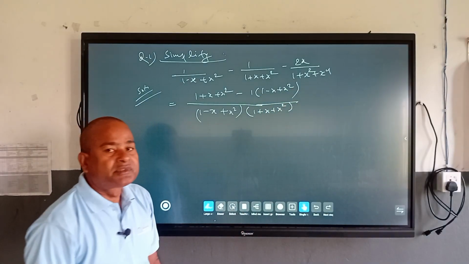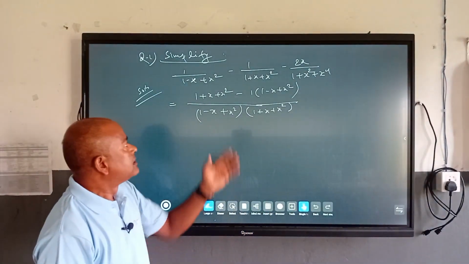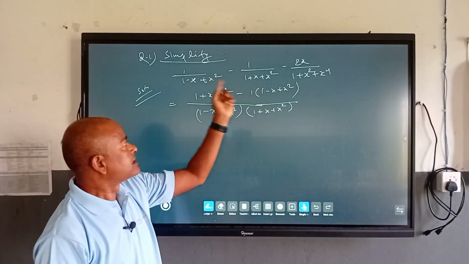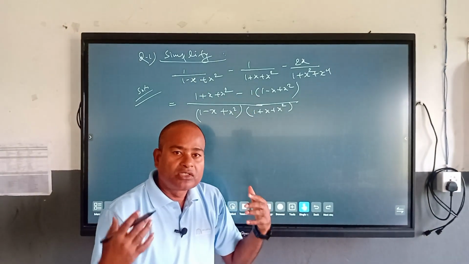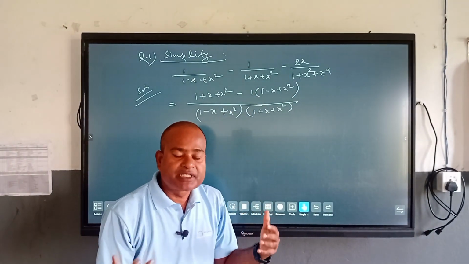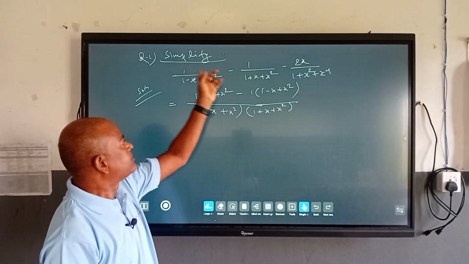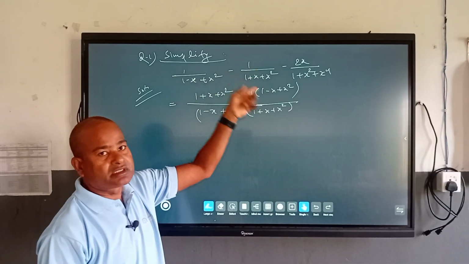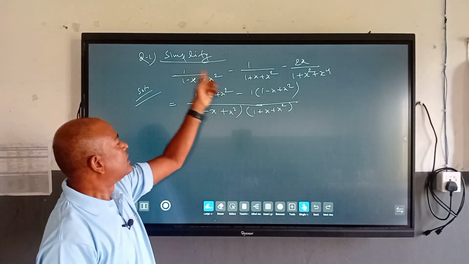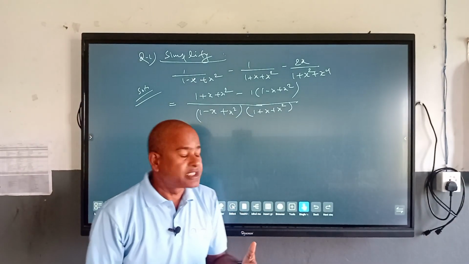Dear students, we can directly also simplify it. Simply we can do cross multiplication if the denominators are not the same. That means if the denominators do not have any common factor, in that case we can do the crisscross, or the cross multiplication. 1 times 1 plus x square, we get 1 plus x square.